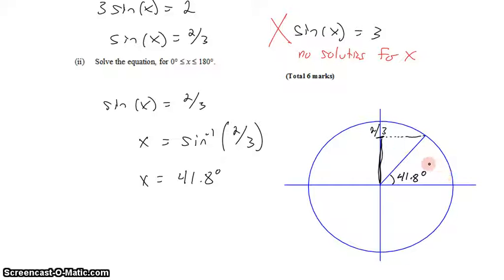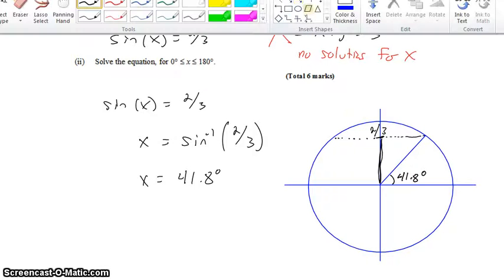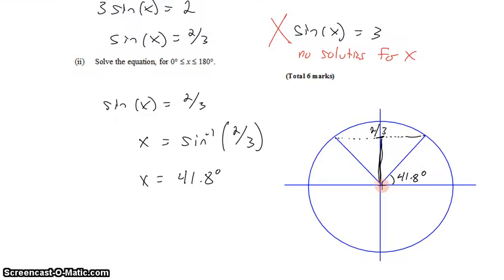But there is another angle that has a vertical component of 2/3. We find it if we go this way. This angle is also 41.8 degrees, but that's not how we express the angle. We express the angle from the positive x-axis.